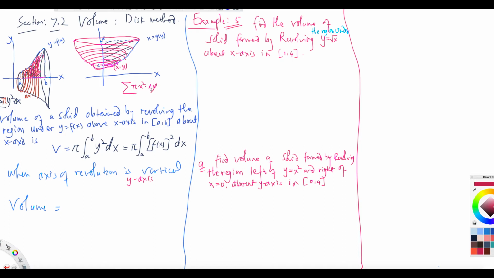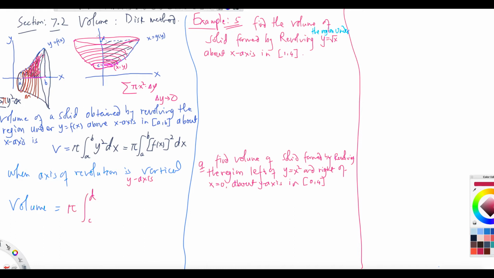Now if you take the disks very thin, that is if delta y tends to 0, like we did with delta x tends to 0 there, then the sum becomes the integral, right? So how does that look? Here the axis of revolution is the y-axis; there the axis of revolution was the x-axis. If the axis of revolution is vertical, the y-axis in this case, then the volume will be pi times the integral from c to d.